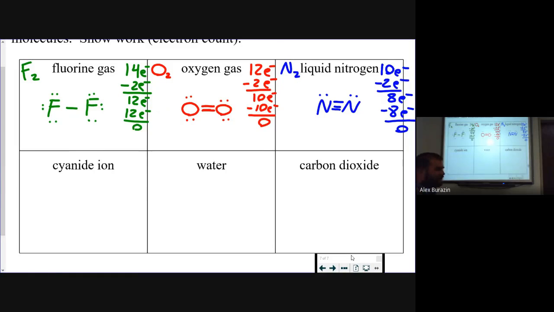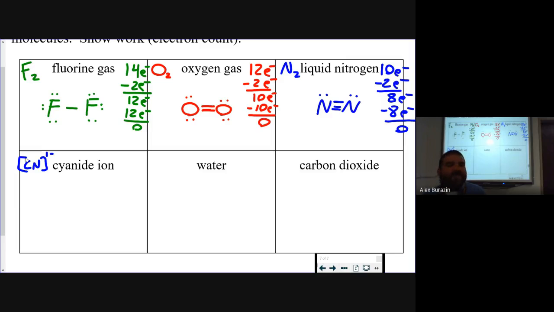So cyanide, the formula for cyanide is CN 1 minus. I'm going to put that in brackets because it is a charged polyatomic ion. So CN in brackets with a 1 minus charge on the outside to represent the fact that this is a charged polyatomic ion. Total electrons that I have to work with: carbon, column 4 or 14, so it has 4 valence electrons.